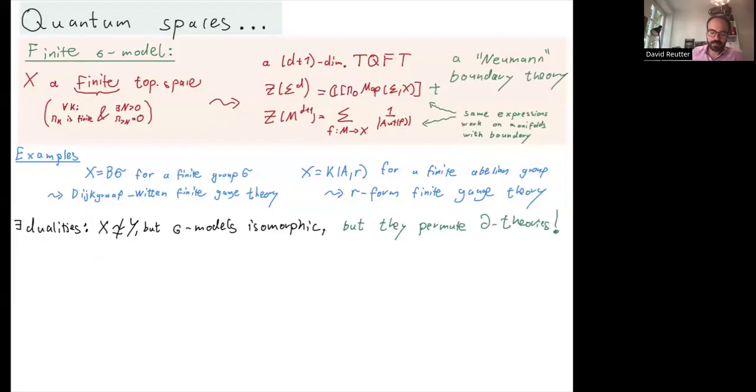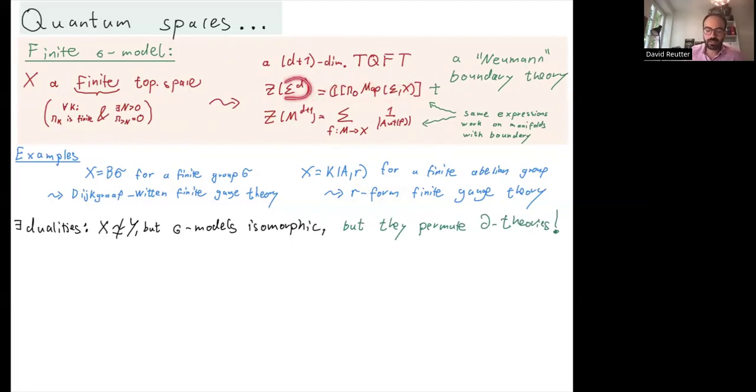But something that happens is the following. These sigma models are not just D plus one dimensional TQFTs. They all have a canonical boundary theory. And you can define it fairly easily, which is just the observation that in this formula, these expressions, nowhere do I need for the right-hand side that my manifold sigma or my manifold M is a closed manifold.